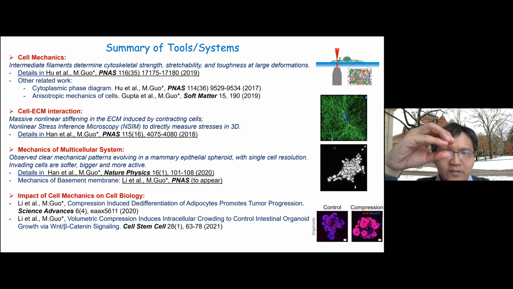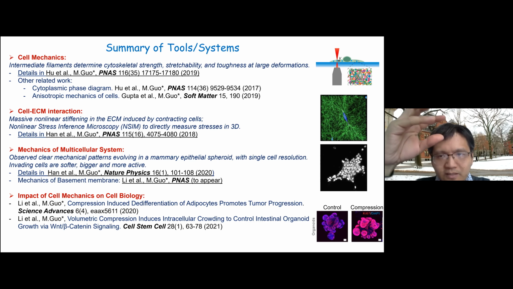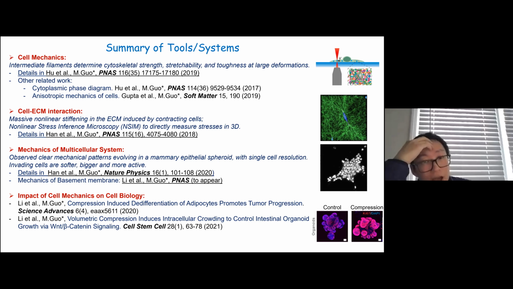So if we, let's say, embed the spheroid in a bilayer matrix, right at the interface, do you expect the shape may look different from when you just embed it in a homogeneous one? I think so. If you have a very heterogeneous matrix, you will start to see differences immediately.